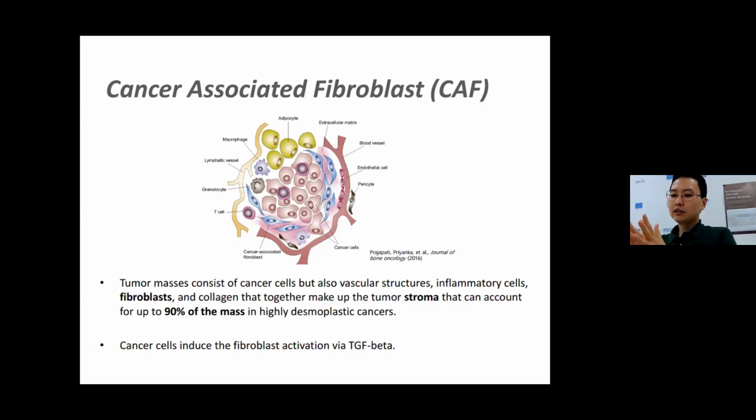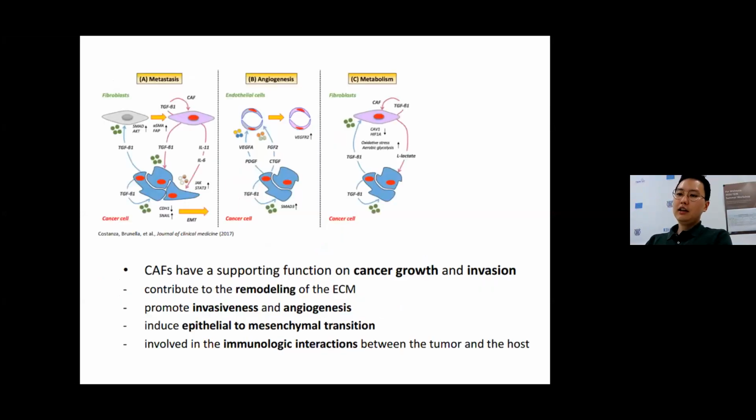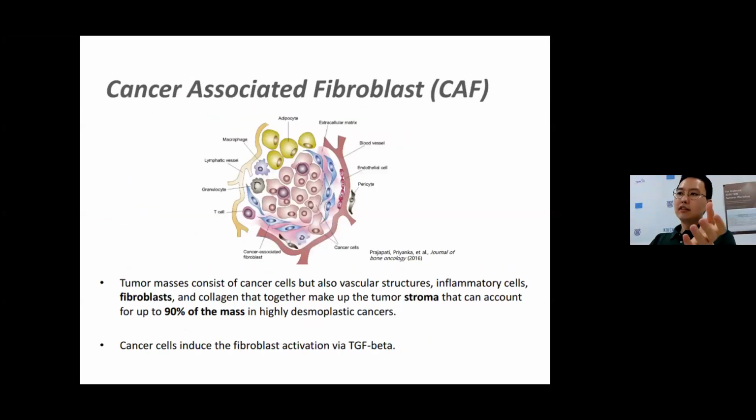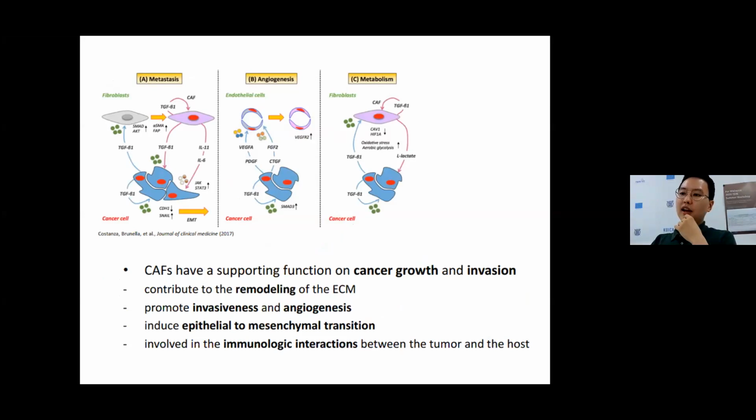And cancer cells induce fibroblast activation via TGF-beta. These cancer-associated fibroblasts have many supporting functions for the cancer, such as cancer growth and invasion. They can contribute to the remodeling of the extracellular matrix, and promote the invasiveness and angiogenesis of the tumor cells.